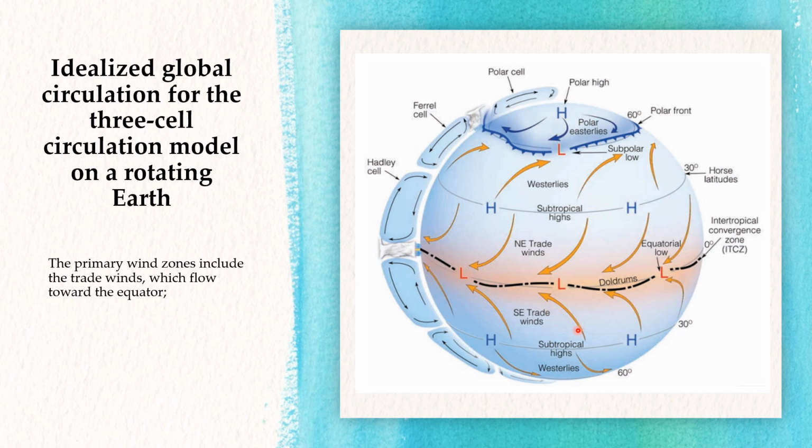That's why they're called the trade winds. The westerlies always come from the west, flowing west to east. And the winds coming from the east to west, this is what we call the trade winds.